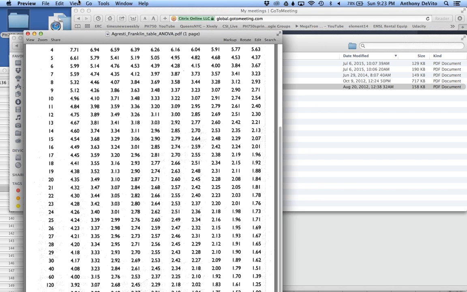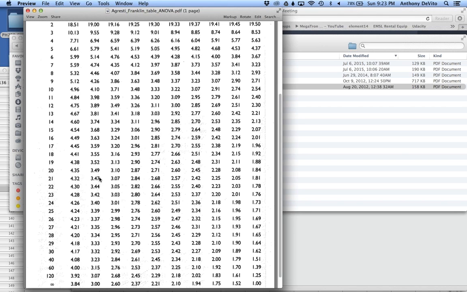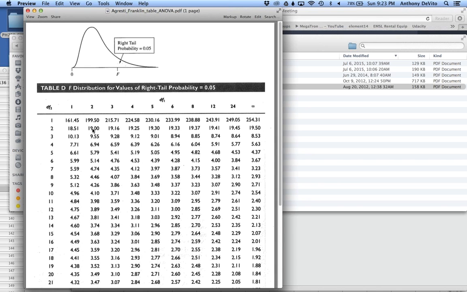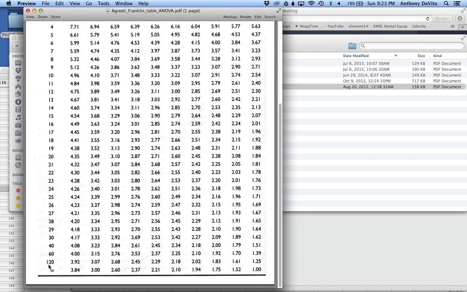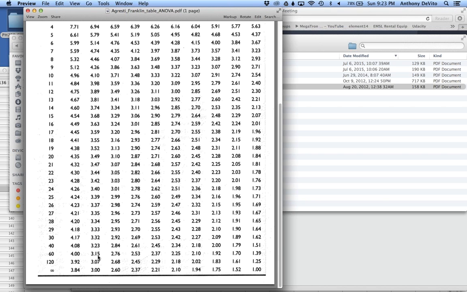The closest we got is 120 for the degrees of freedom within the groups, which was 133. So the closest we have on this table is 120. And the degrees of freedom between the groups is 2. So that would bring us to a critical value of 3.07.